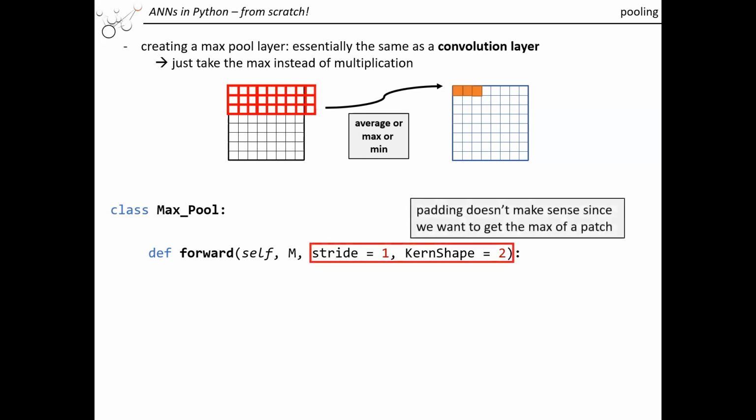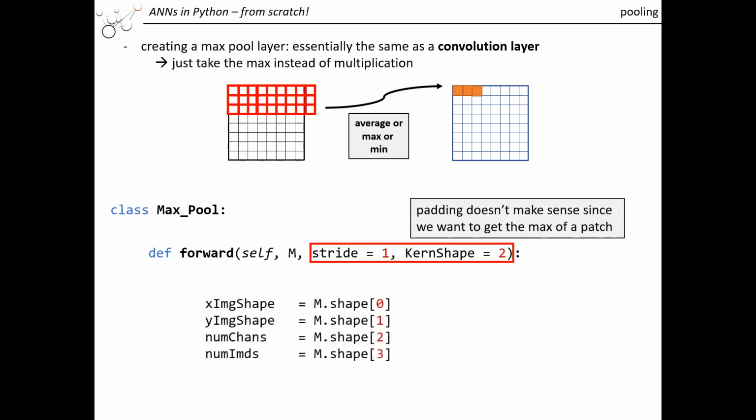What doesn't make sense is padding, because we want to have the maximum of this particular patch, and if we add padding, then we will add 0. So that doesn't make sense. And also here, we need the shape of the image: X and Y coordinates, the number of channels, and the number of images.